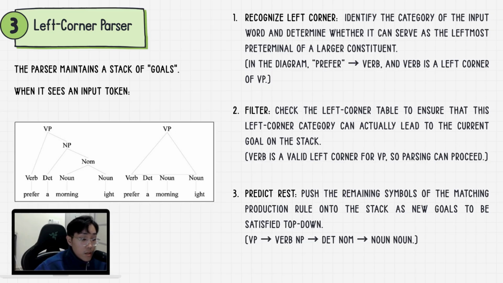For example, from the rule VP goes to verb NP, and then NP goes to that NOM and then noun. It adds those upcoming symbols so they can be satisfied in a top-down manner. So the parser combines a bottom-up recognition of the left corner with a top-down prediction of what comes next.